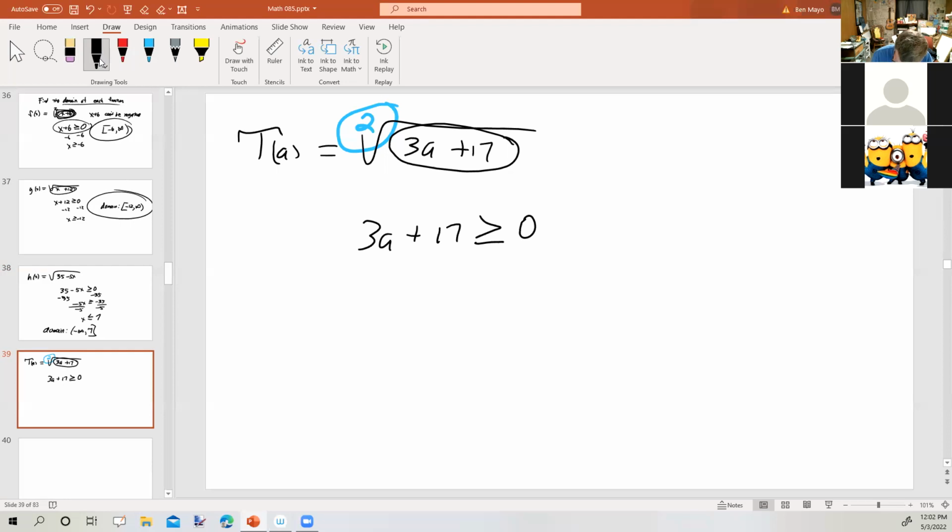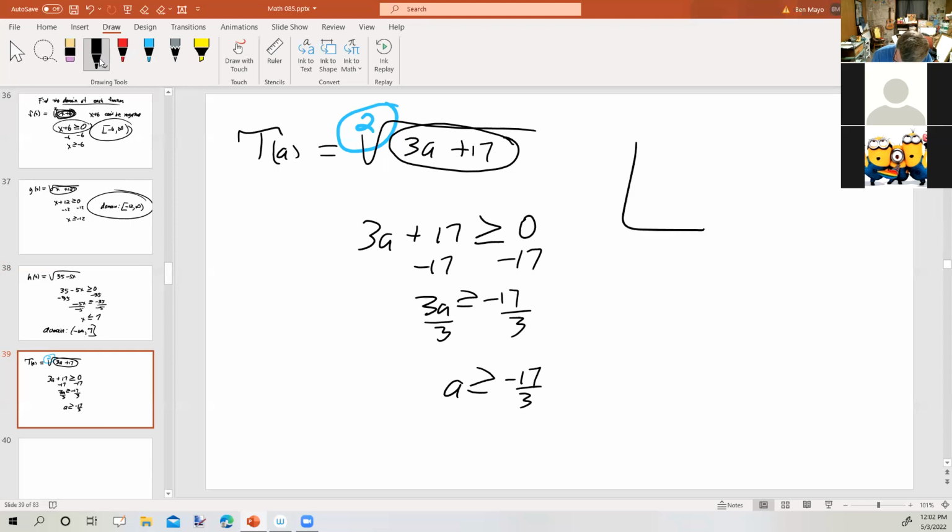Solving this for a, subtract 17 from both sides, divide by 3. So a is greater than or equal to -17 thirds.